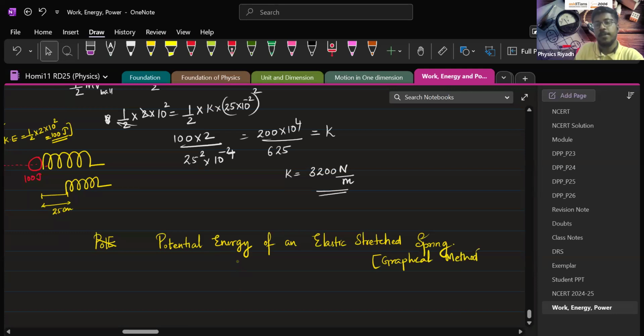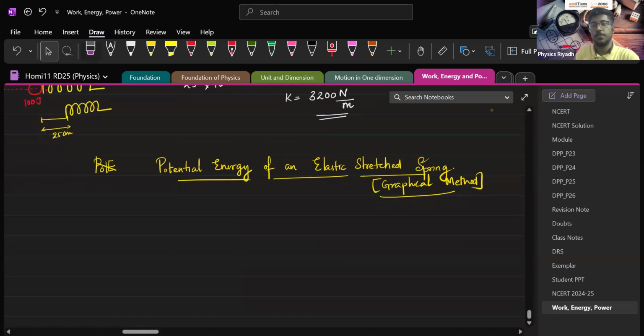How to find graphically the potential energy of an elastic stretched spring. So when you want to calculate the potential energy, first you need to calculate the work done. That work itself is stored as the potential energy on the spring.